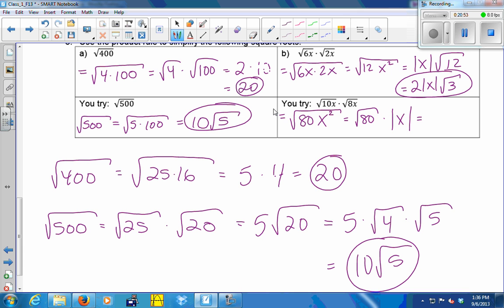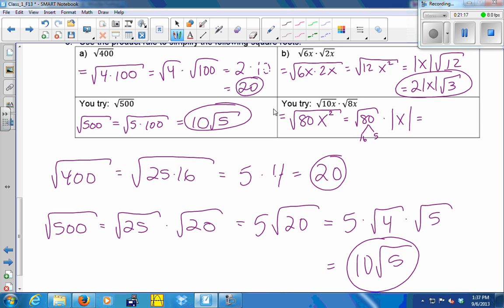16, 4, 16. You generally want to find the biggest one, but even if you don't, you're still going to get there. It's just not taking the straightest path, but that's okay. Some of us like the scenic route. Okay. So 80 is 16 times what? 5? 16 times 5?